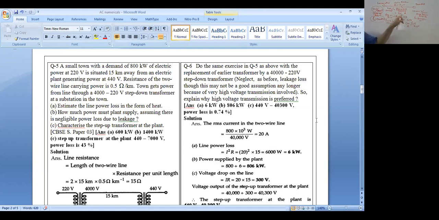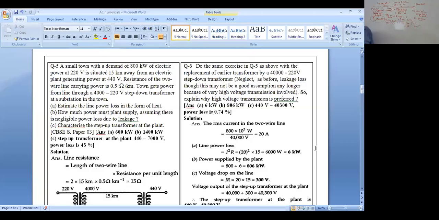What is the line current? Power divided by voltage. Instead of 4000, now we are getting 40,000 volt. So current reduces to 20 ampere, as you can see on the board also. Voltage drop reduces from 3000 to 300 only.